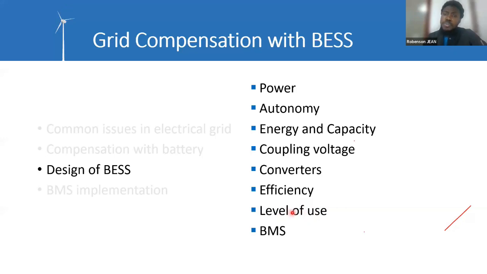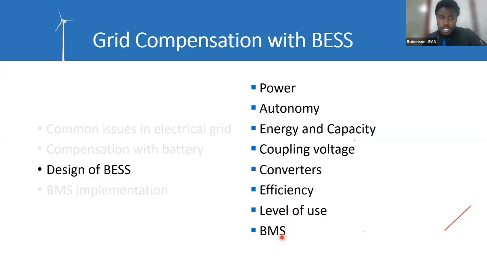If we will use the battery at 80%, and the efficiency of the converter is 95%, therefore, we know that the capacity of the battery will be the energy that we should store or provide, divided by the efficiency and by the level of use. Then we will find the capacity of the battery energy storage system.